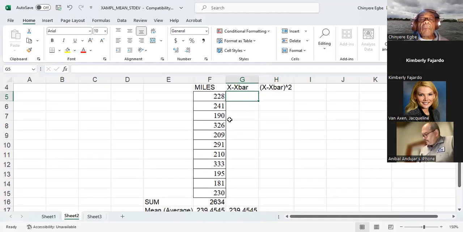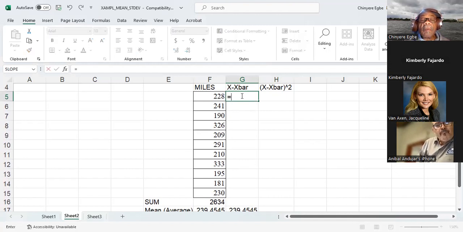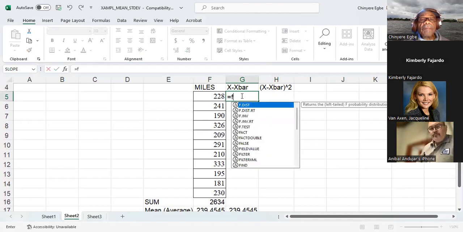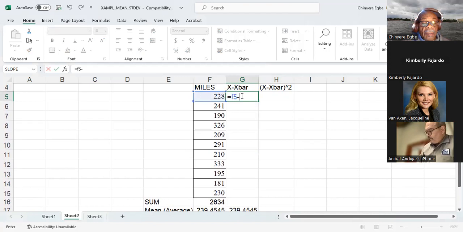Okay. So now we subtract this from the mean. The mean is in F17, which is equal to F5 minus $F$17, which is the mean.